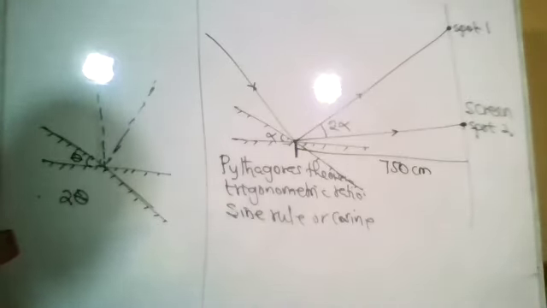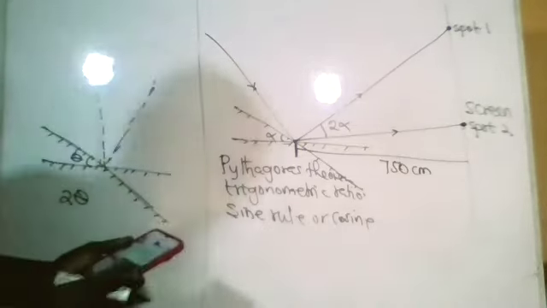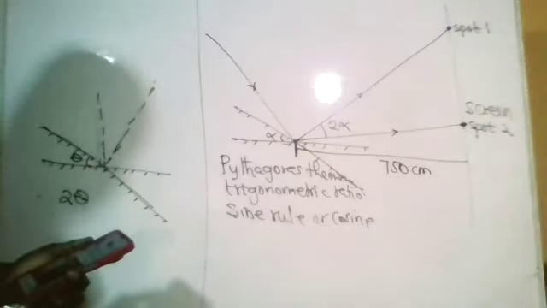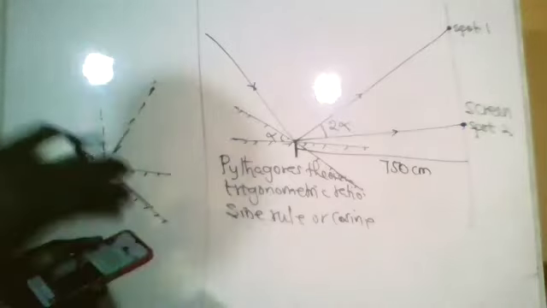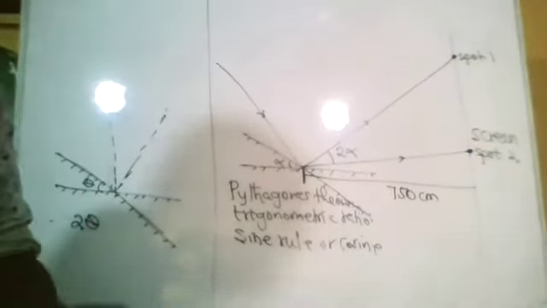It creates a spot on the screen. Now, if the spot moves along the vertical plane, so you see the spot is formed on the screen.